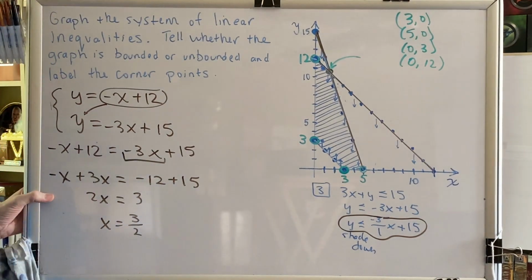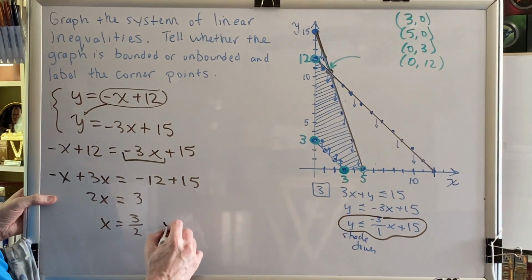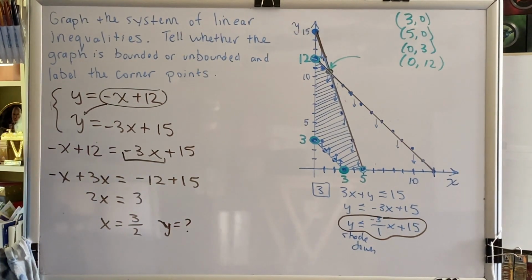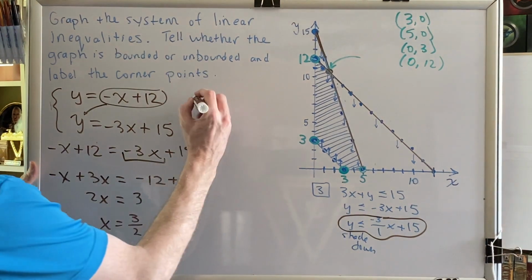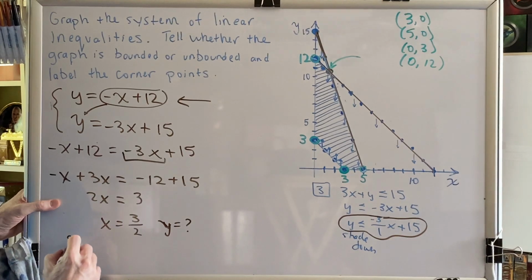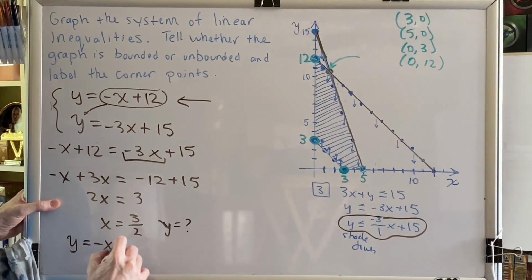Okay, so now that I know what x is, I need to figure out what y is. I can plug into either one of these equations to find that out. I'll plug into the top one here. y is negative x plus 12. Therefore, in this case, y is negative 3 halves plus 12.